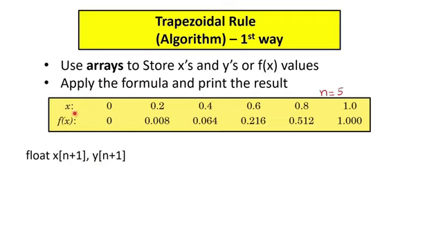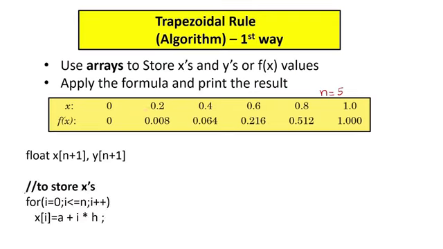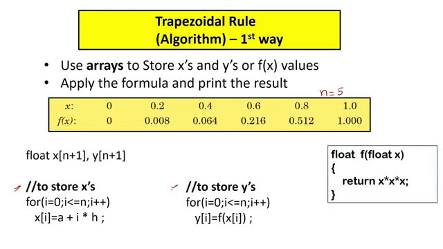Now to store the values of x in our array, we will use a loop. Here you can see I have taken a loop to store the values of x in my x array. After that, I will store the values of y in my y array, and to calculate the value of y, I will take the help of a function f. Let's first see this loop.